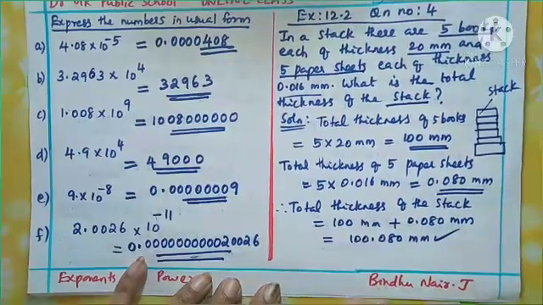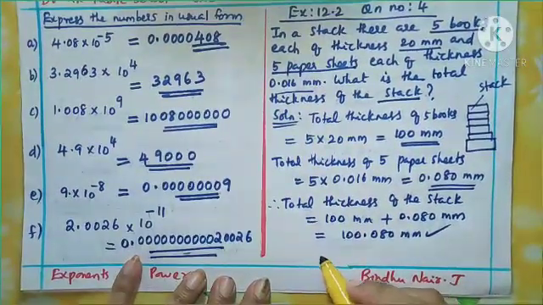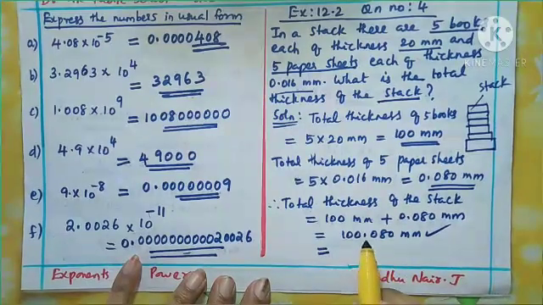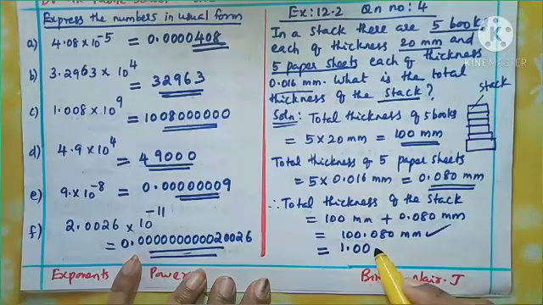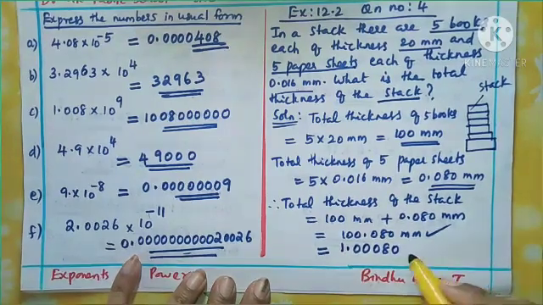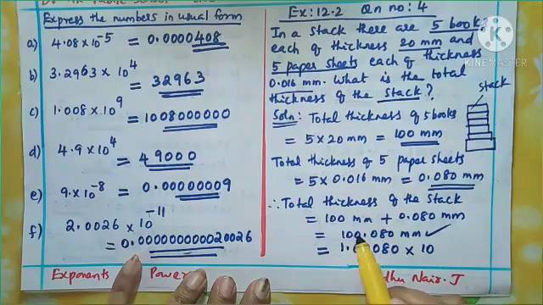But you want to write this in standard form. How to write? First you place the point after the first number, so 1.00080, into 10 power. When you place the decimal after 1, how many places did we move? 2 places.